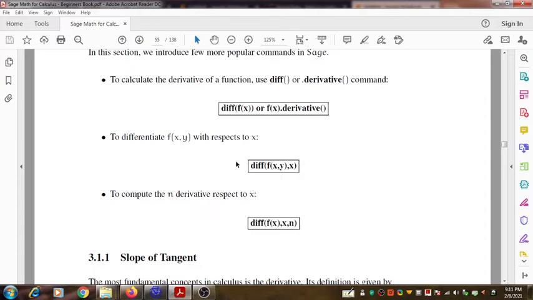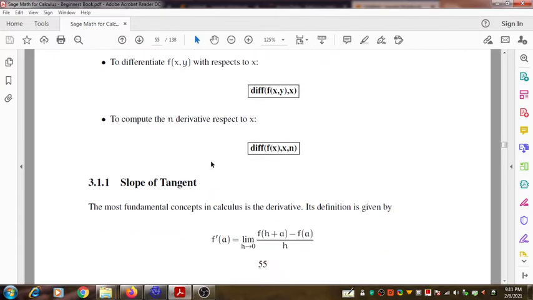To compute the nth derivative with respect to x of a given function, you can write the command as diff, then start the bracket and inside the bracket write f(x), and then a comma, with respect to which variable you want to differentiate. That's the variable x, and then a comma.